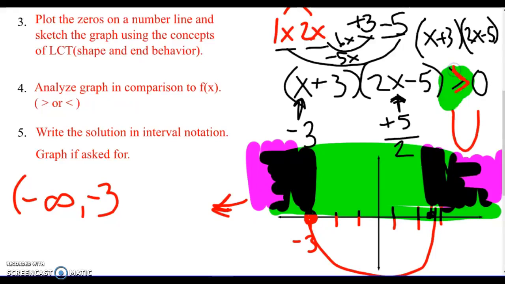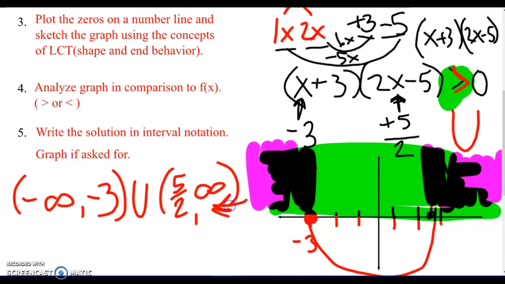It says greater than, so no. So it's open, then a union. I skip for a while till I get to 5/2. It doesn't include 5/2 because it says greater than, not greater than or equal to, to positive infinity. All right, so there is one. Why don't you go down lower and try the next 3 on your own, and I'll make the next video that will help you with that if you need it.